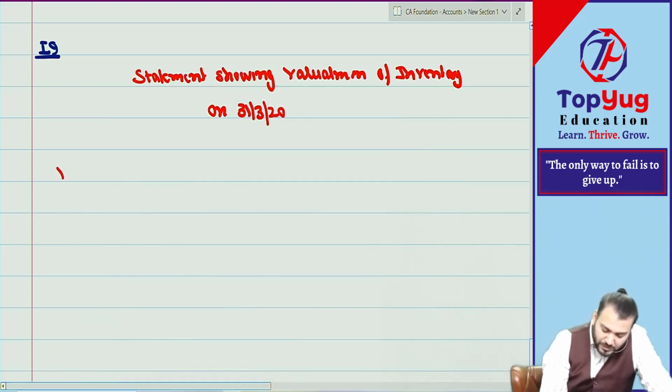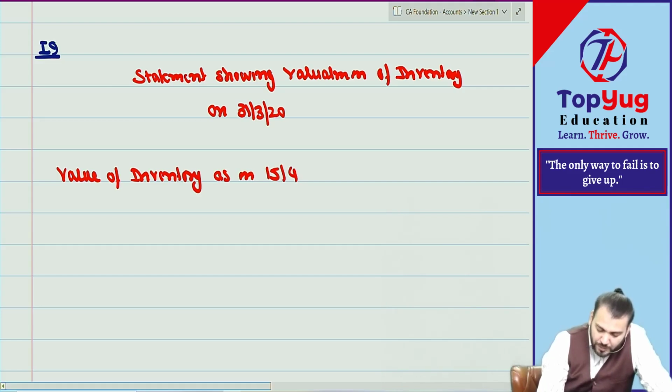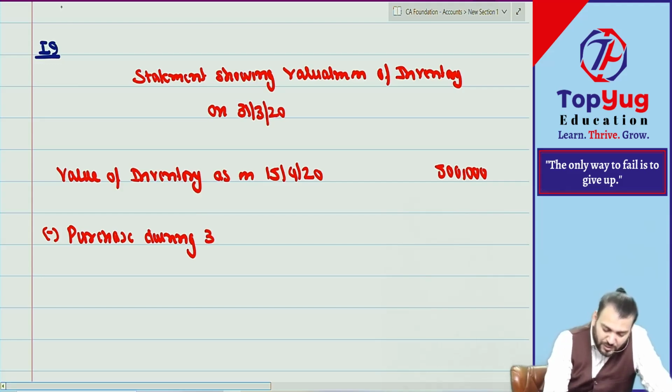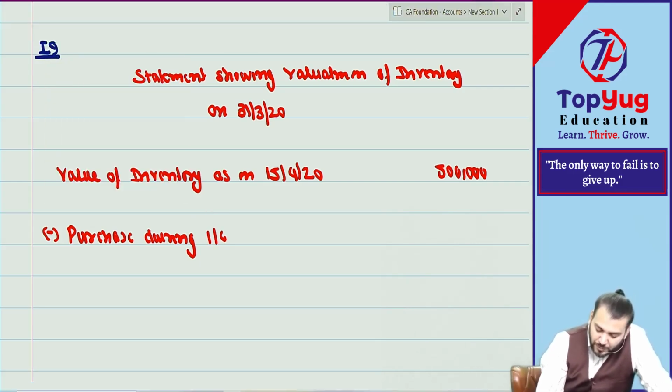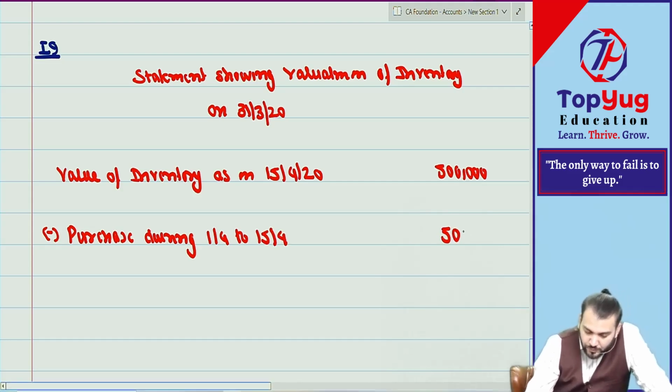Tell me, what is the value of inventory as on 15 April 2020? 5 lakh. We'll do minus purchase. So minus purchase during which period? During 1st April to 15 April. How much? 50,340.